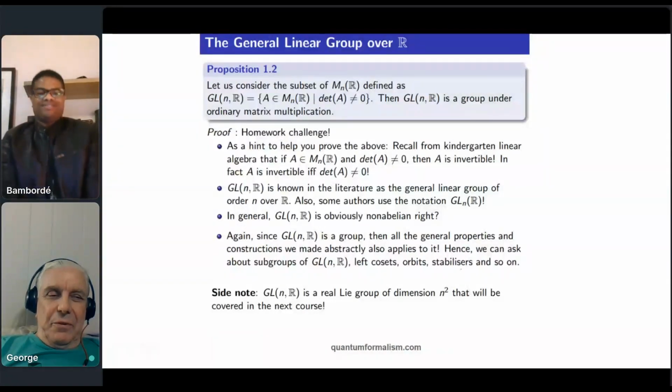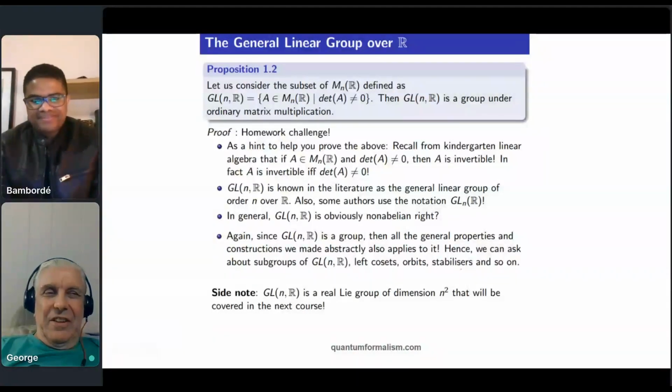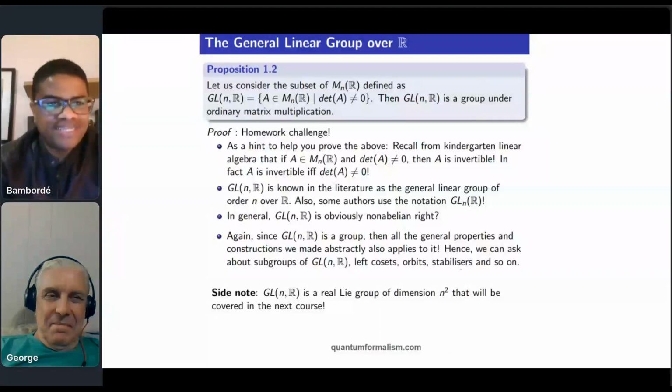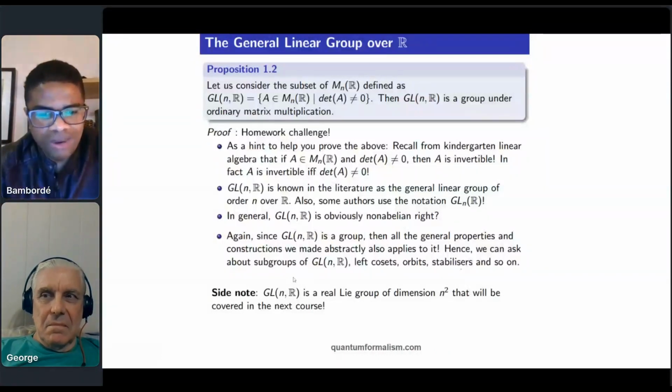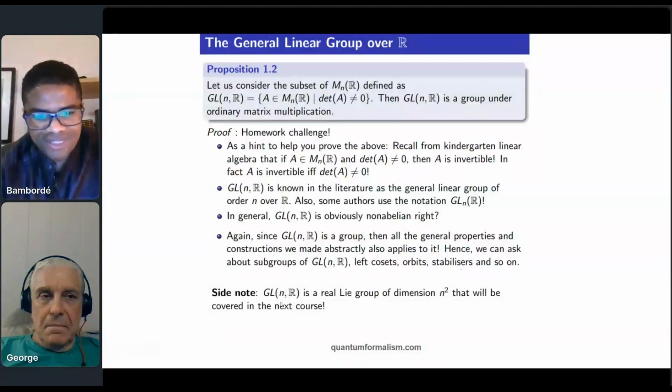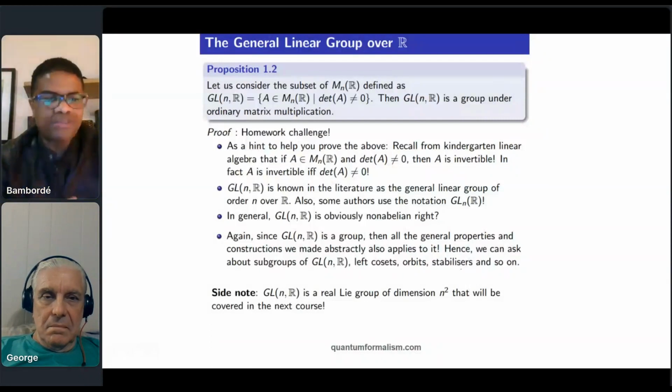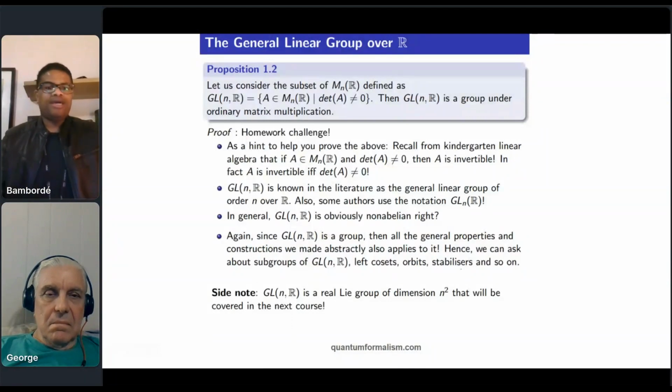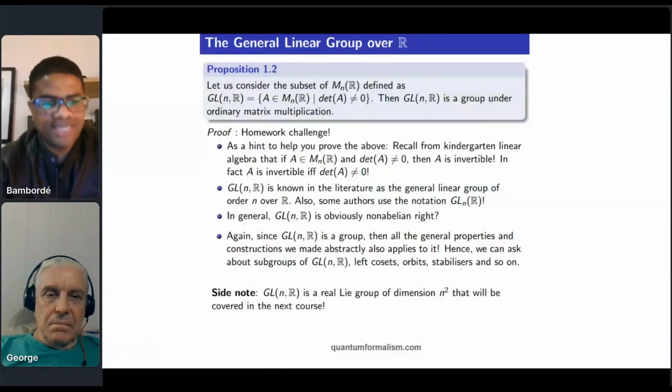If you recall your topology and geometry, Rn is itself a smooth manifold, and this is a smooth manifold indeed. You will be able to see more of this. That's why it's a Lie group, because it's a manifold and it's also a group. Actually, there are also other conditions on the multiplication, which we won't go into.